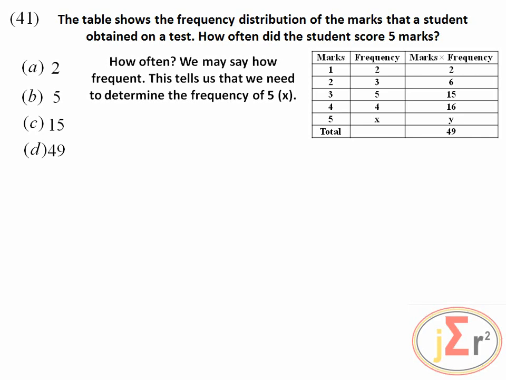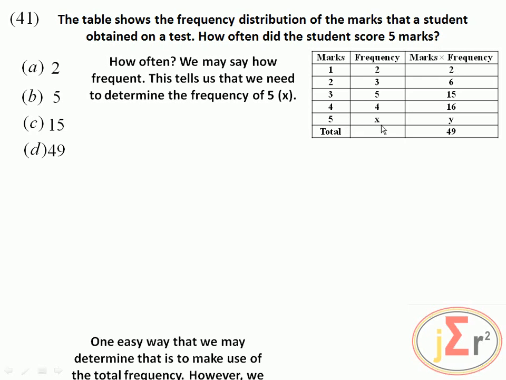This tells us that we need to determine the frequency of 5, and the frequency of 5 is x.